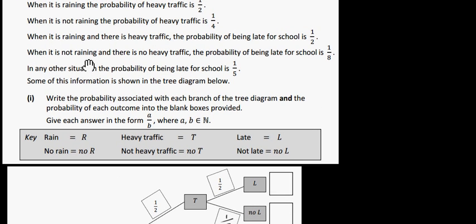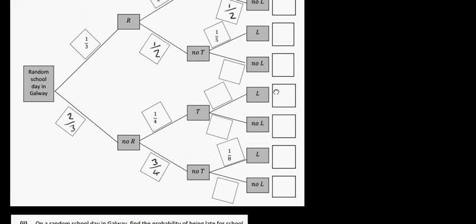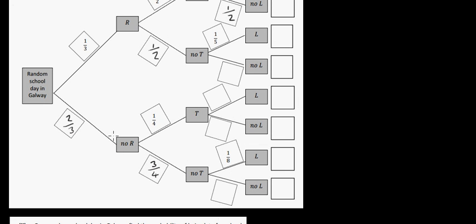When it is not raining and there is no heavy traffic, the probability of being late for school is 1/8. Sorry, I should say 1/8. So the probability of not being late must be 7/8.